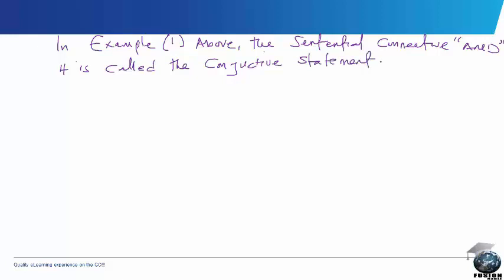So you can as well refer to the "and" as a conjunctive sentential connective. Alright, but in example 2, like we treated previously, the sentential connective used there is the "either"... "or".